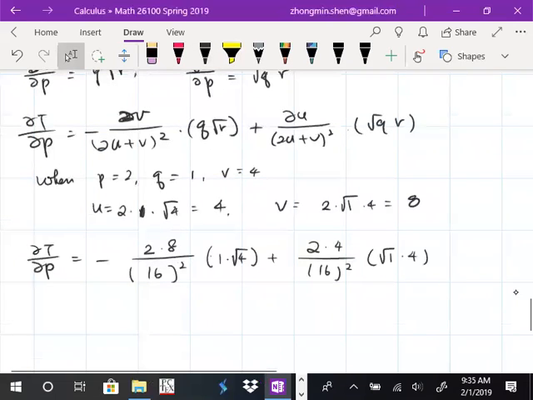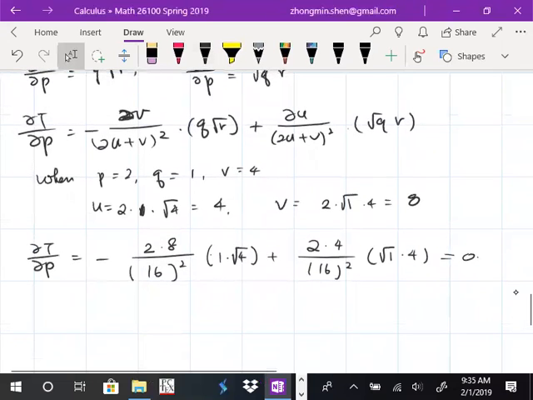Why? The numerator here is 4 times 8, and here 4 times 8, so it's going to be 0. So the derivative is 0.